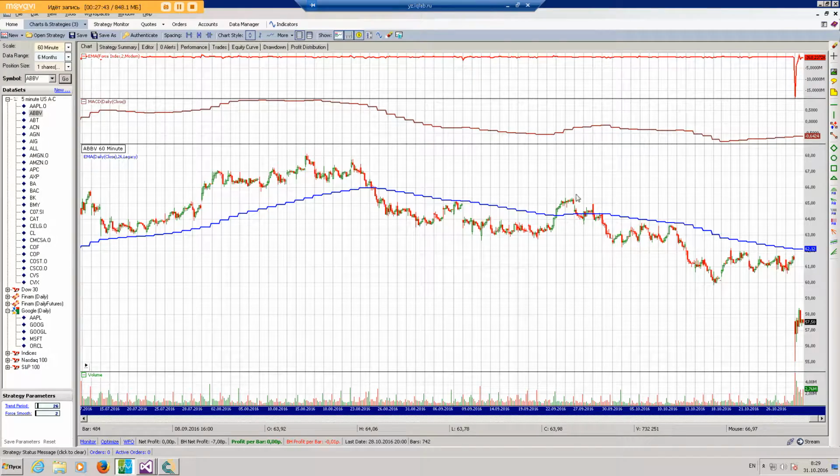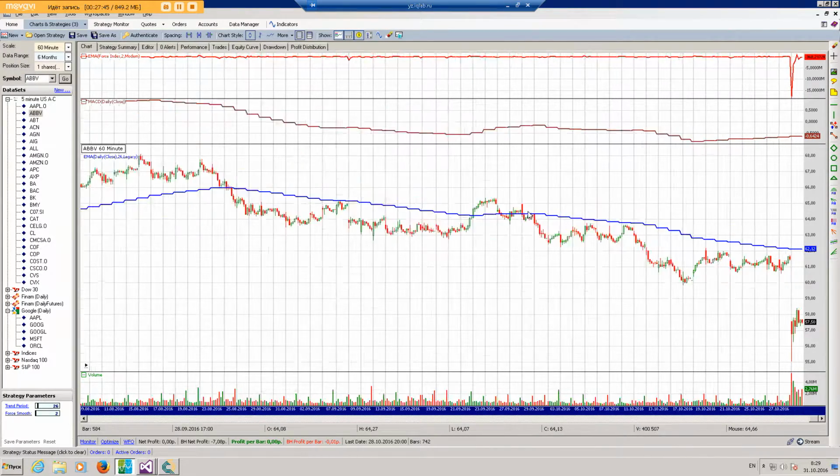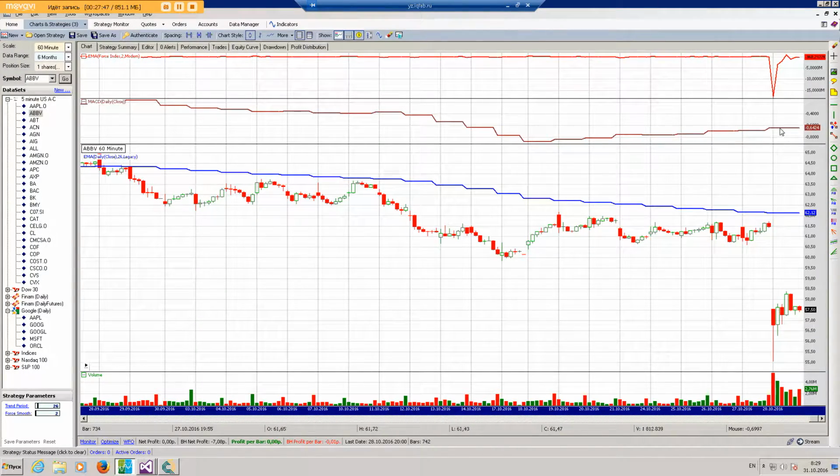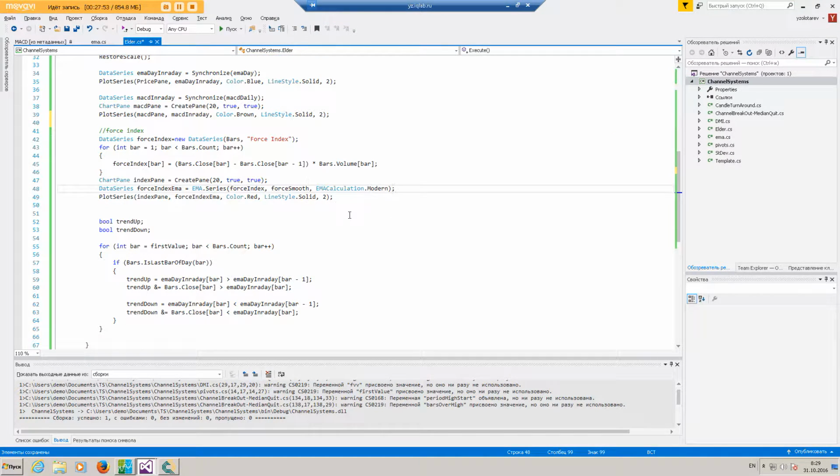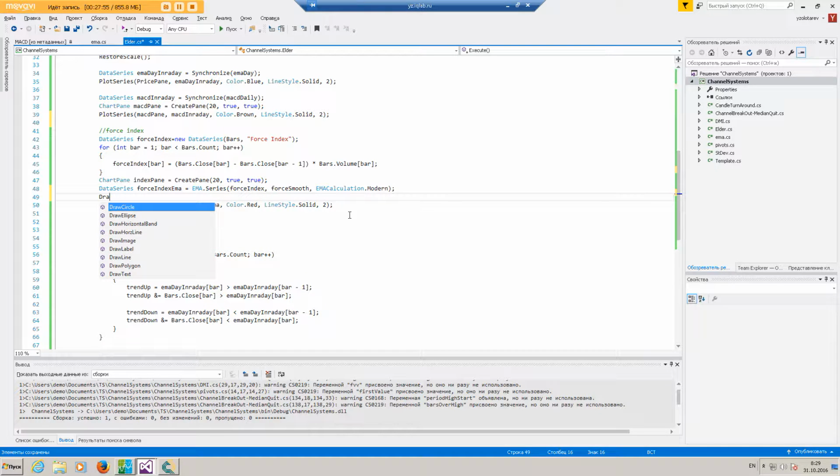Okay, so we have the MACD as well, right? And we can see, let's just, for visualization, draw a horizontal line, here as well.